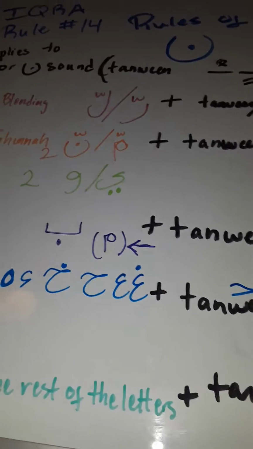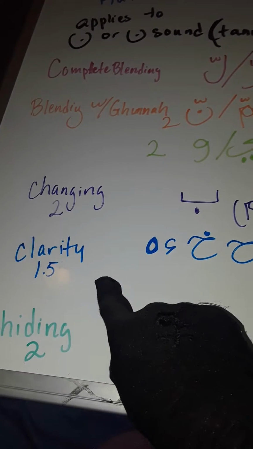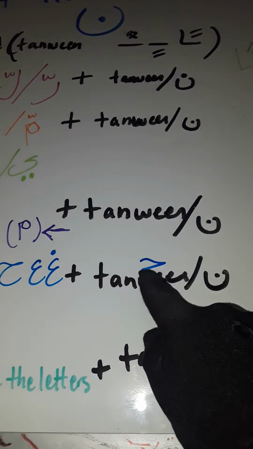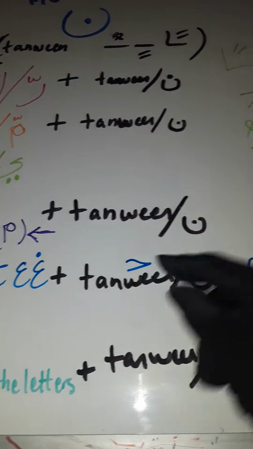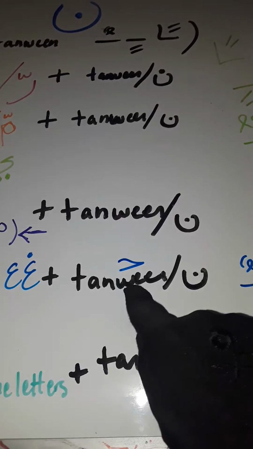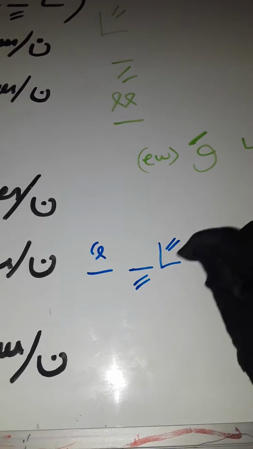So that's pretty simple. And then this is the one where you're going to have a sign. Like this is going to be a clear, it's called clarity. Okay, so you're going to either have the visible sukoon over the noon, which looks like that. It's not going to be blank. It's going to look like this. Or the regular tanween, which looks like this. Normal. These are uniform lines.